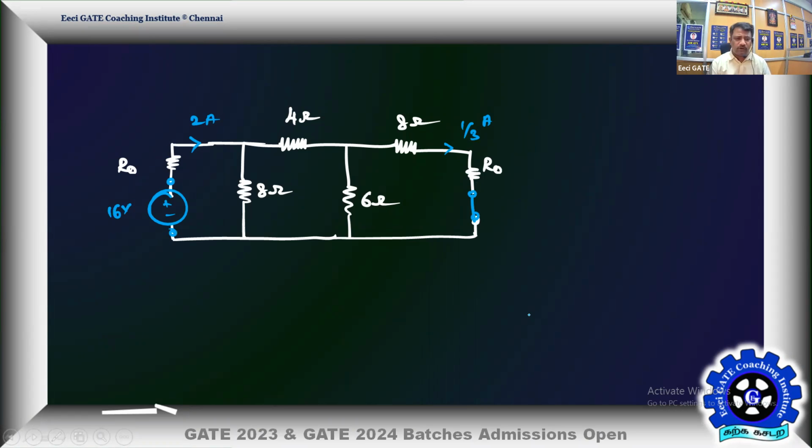Suppose we swap it, what are you going to get? If you swap it, this becomes your response terminal and this becomes your excitation. If you give 16 volts here, then again, what is this current? Whatever current you were getting earlier, you will get it. You just swap. What is the current you're getting here? You're getting 1/3. Therefore, this current is also going to be 1/3 amps.